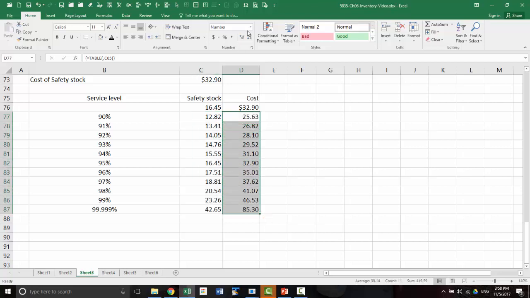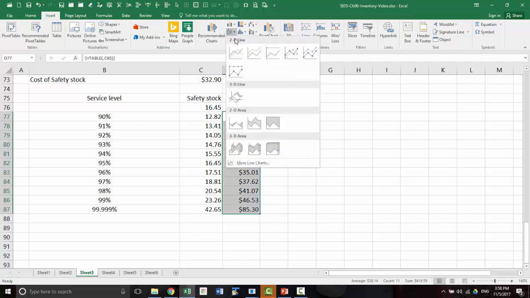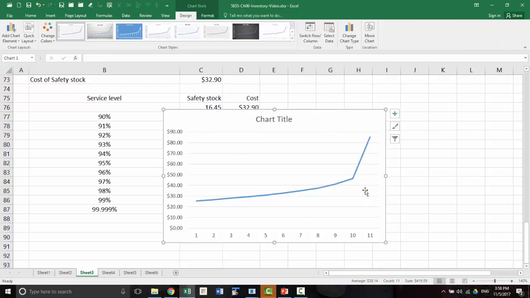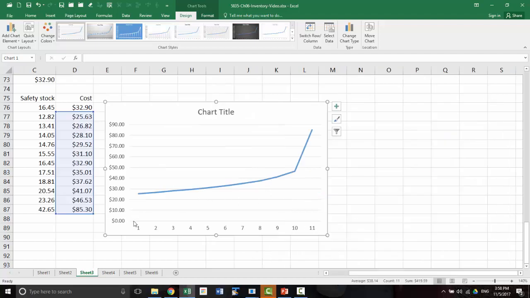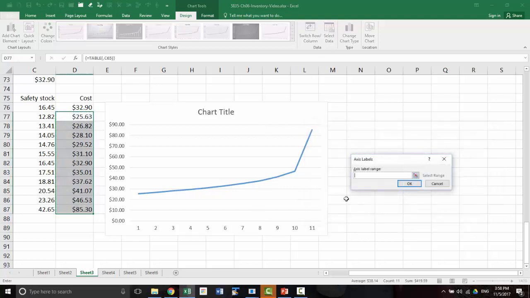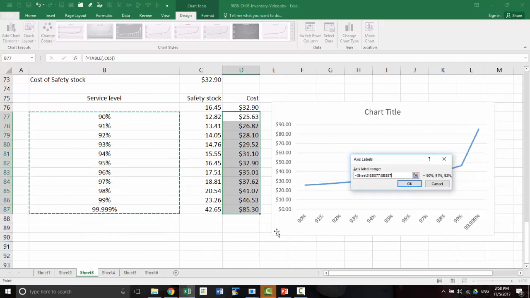So then we have the results, right? So these are dollars. Now let's plot these dollars, starting from 90% service level. So let's say we do a line plot. Okay, let's enter the service levels here for x-axis.